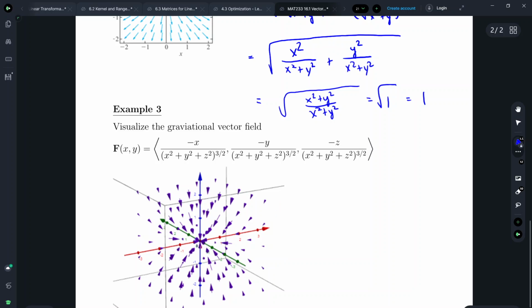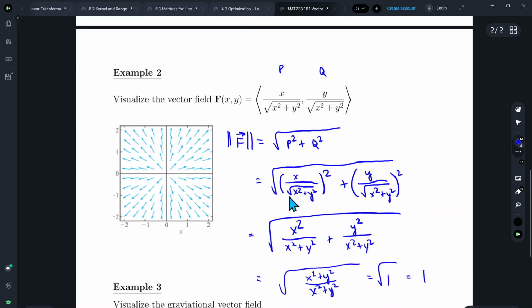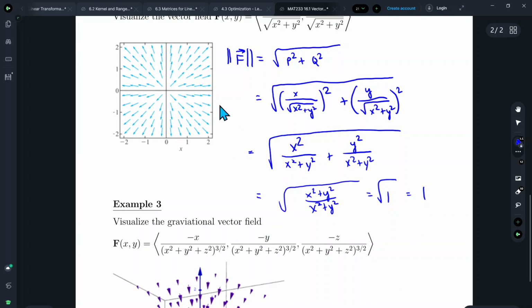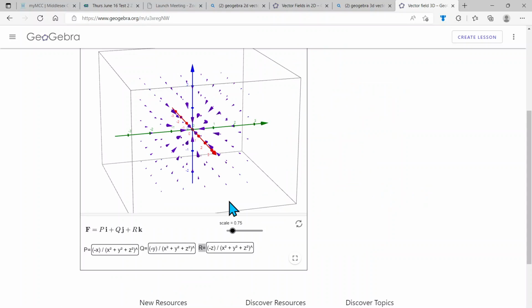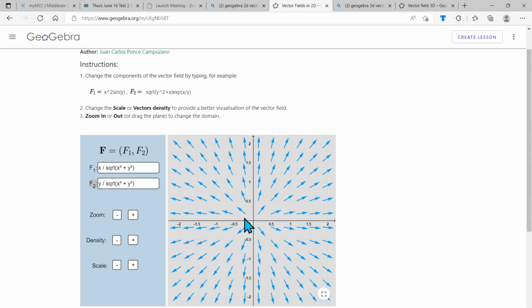Okay, so these are some examples of vector fields. Again, to visualize a vector field, it's helpful to use a tool like this.